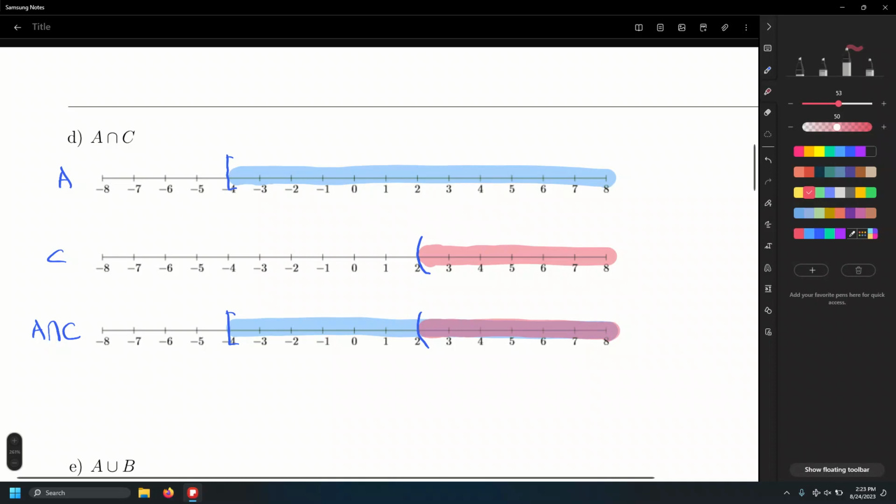All right? However, this time we're not looking for the union. What are we looking for this time? In other words, from the colors here, what's our focus this time? 2 and above, right? That's because that's where the two overlap, where the pink and the blue become purple.